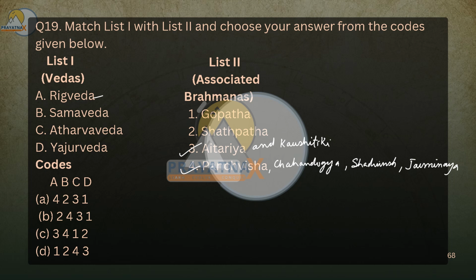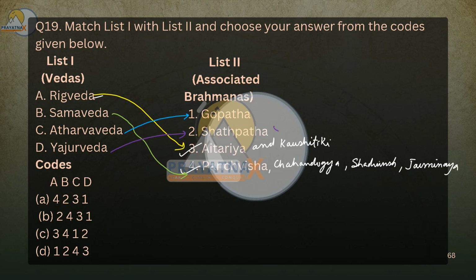So Rigveda is related to this, Samveda is related to Panchavimsha. Now Atharvaveda is related to only a single Brahmana, which is Gopatha, and Yajurveda obviously then is related to Shatpat Brahmana.